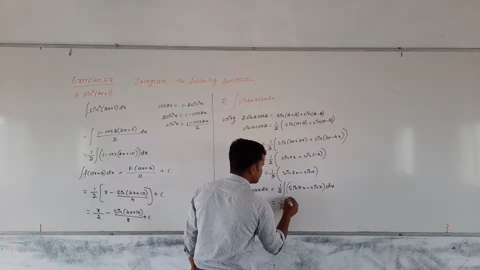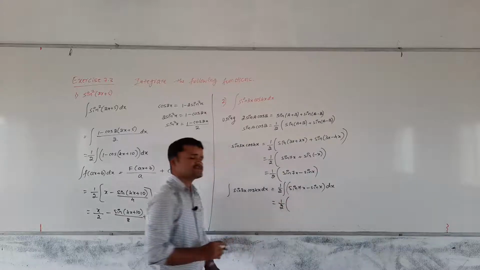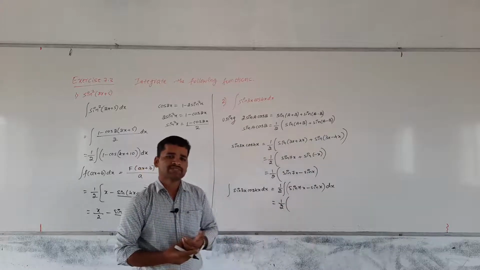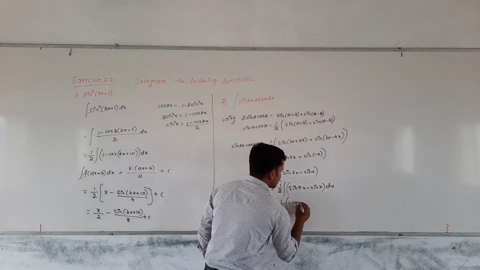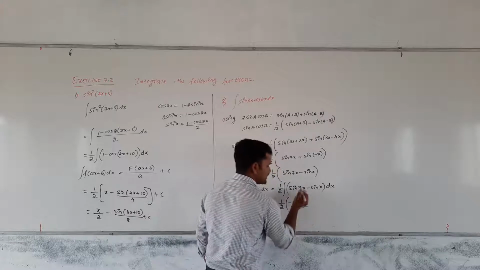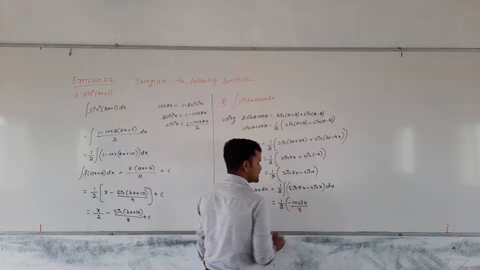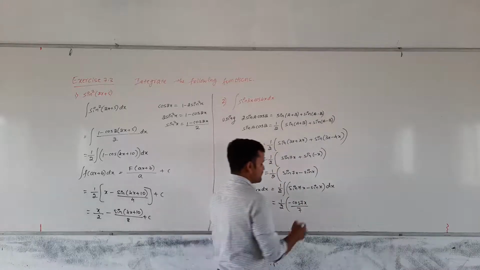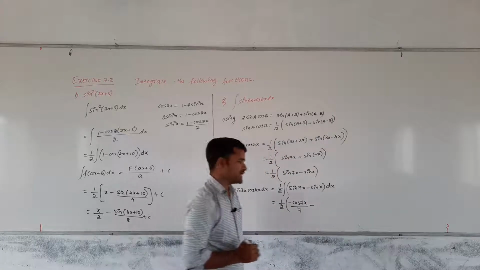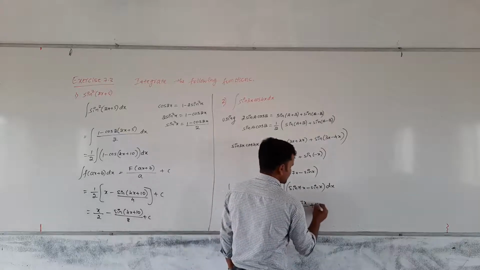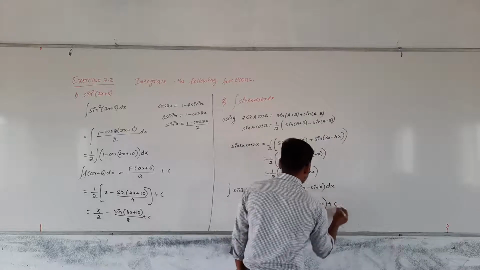1 by 2 into, what is integral of sin 7x? Integral of sin is minus cos, right? Minus cos 7x divided by coefficient of x, which is 7. Minus, as it is, integral of sin x is minus cos x. Minus minus becomes plus cos x, plus c.